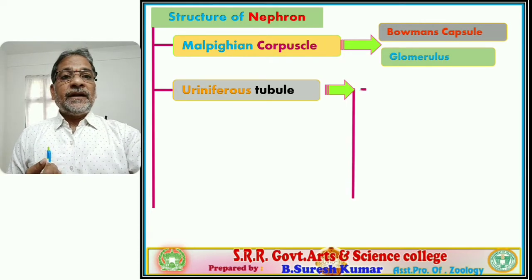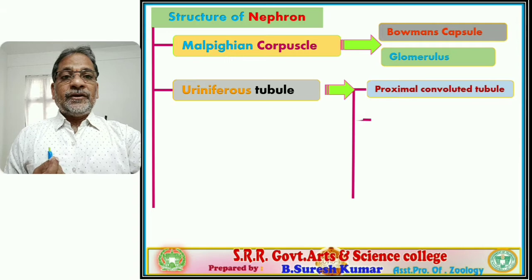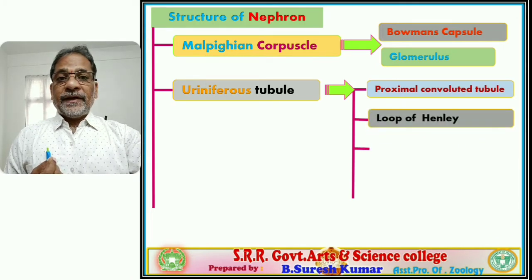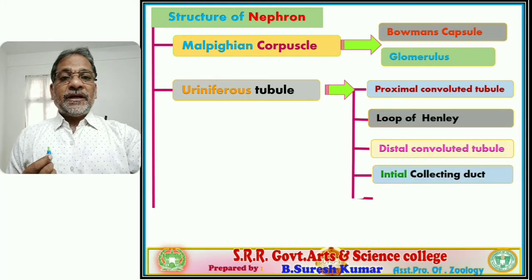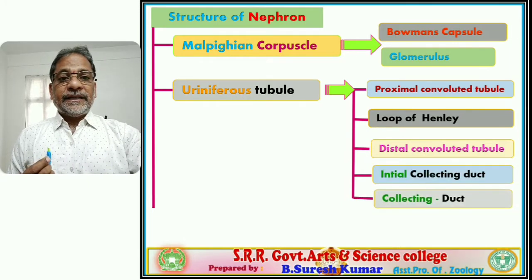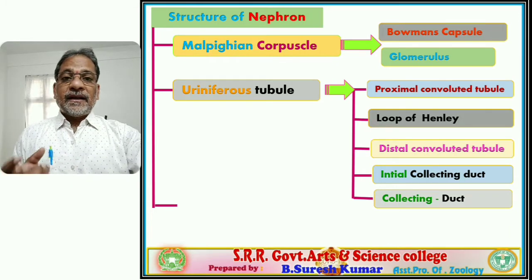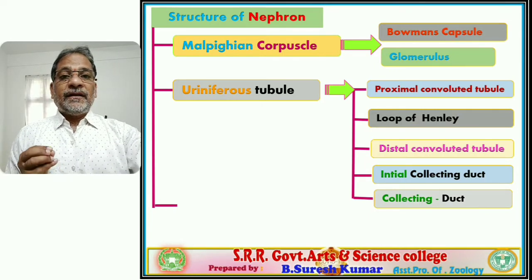They are, sequentially, the proximal convoluted tubule, then the loop of Henle, the distal convoluted tubule, the initial collecting duct and the collecting duct.